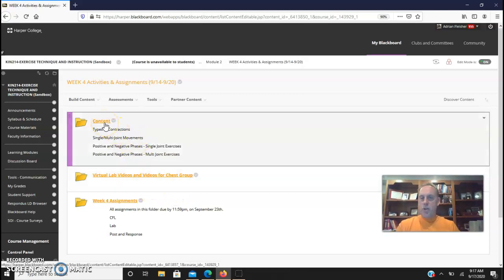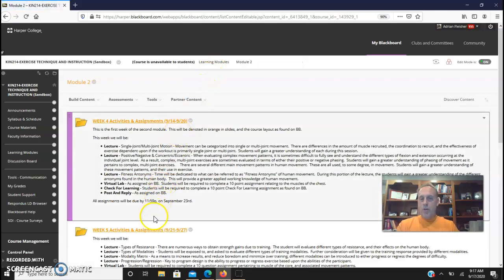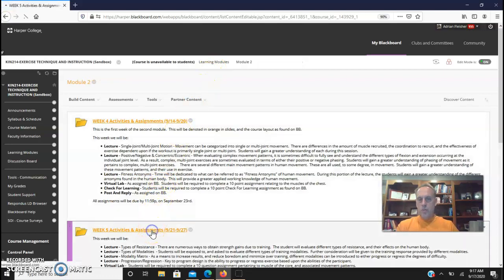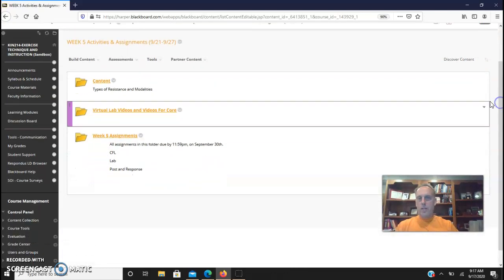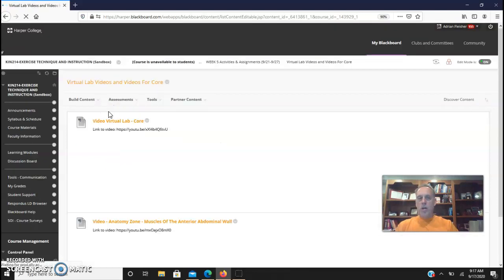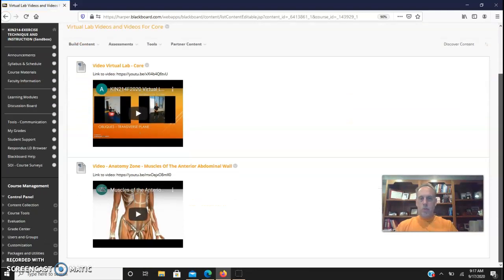As I mentioned before, you have a content folder, assignment folder, and then a supporting video folder if it's required or merited. And if we go into week number 5 here, same thing: content folder, week 5 folder, and then virtual lab and videos for the core itself. So when you get in here, you have to dig into these different folders to get where you're going.